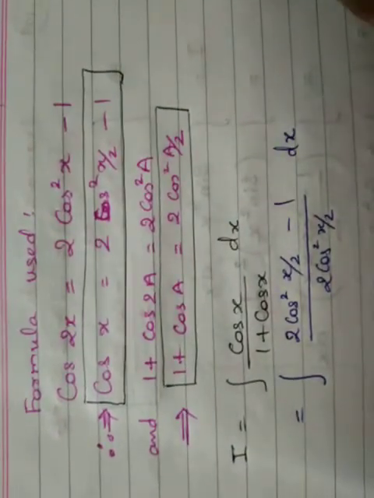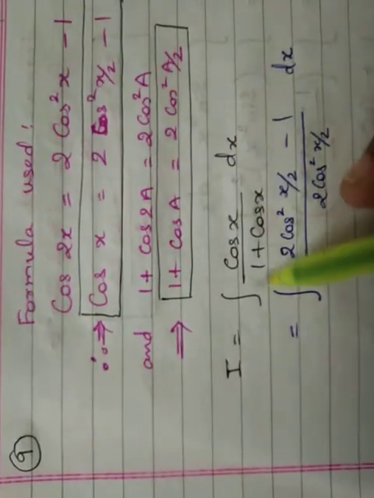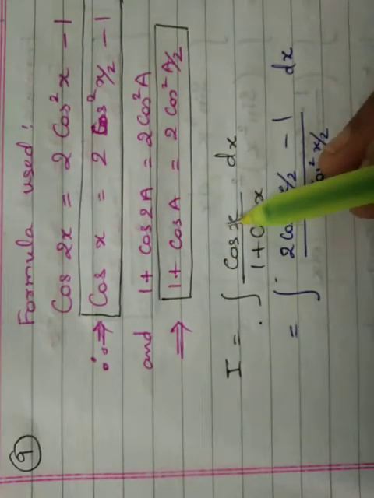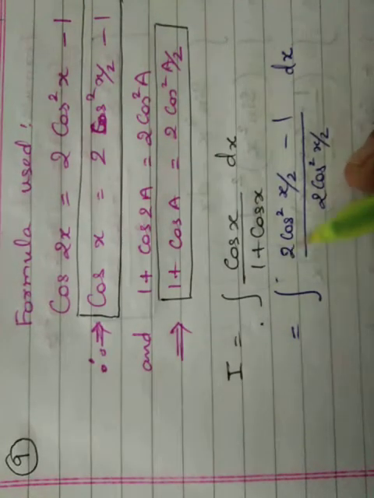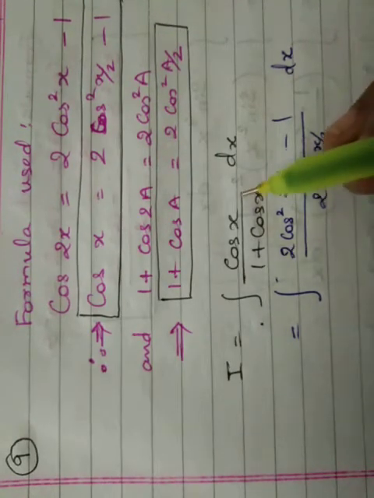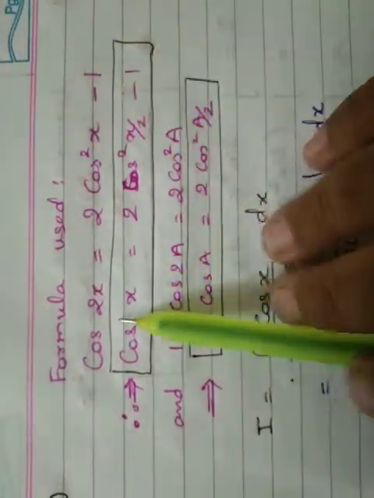So next question, that is question number 9, I is equal to integral cos x upon 1 plus cos x. Now the formulas which I am going to use, I always discuss in the beginning.